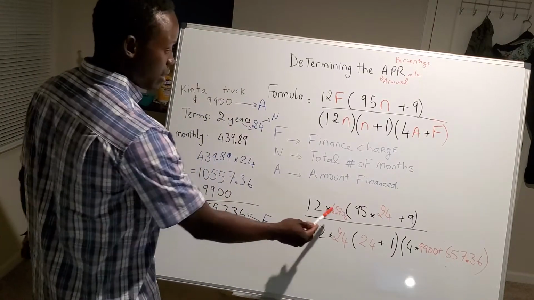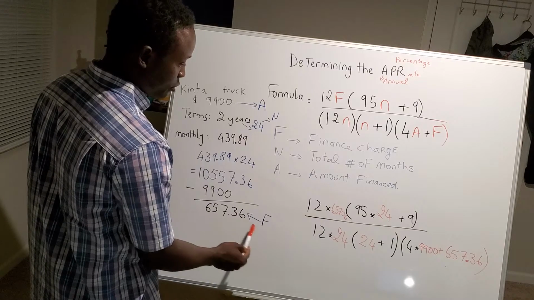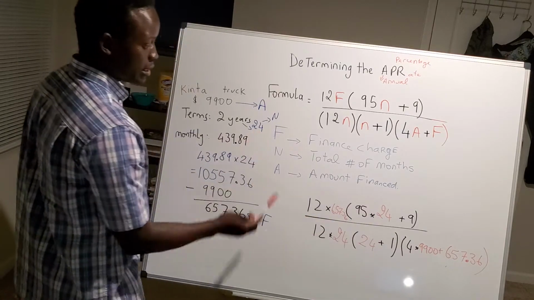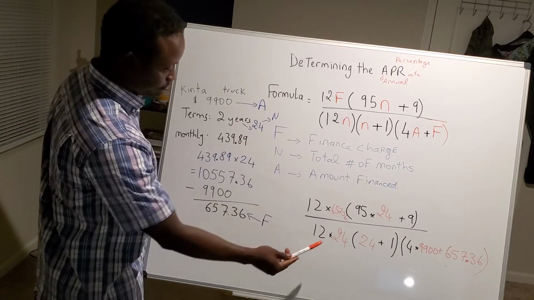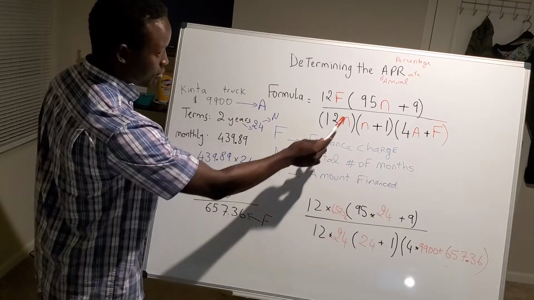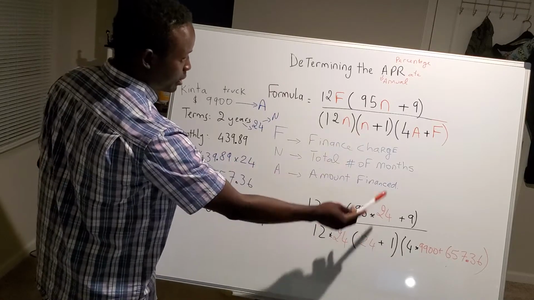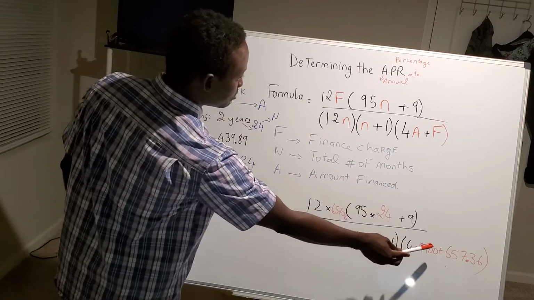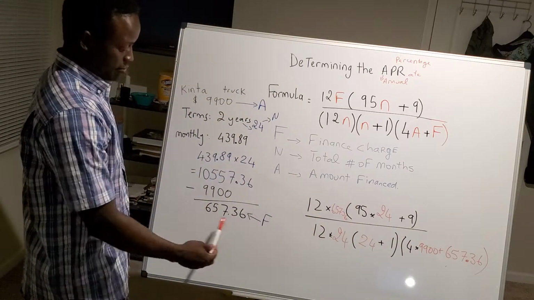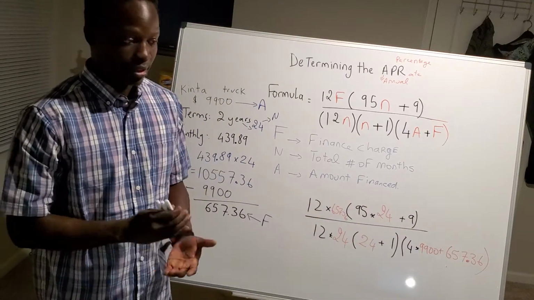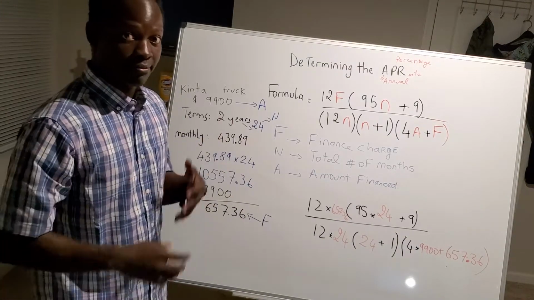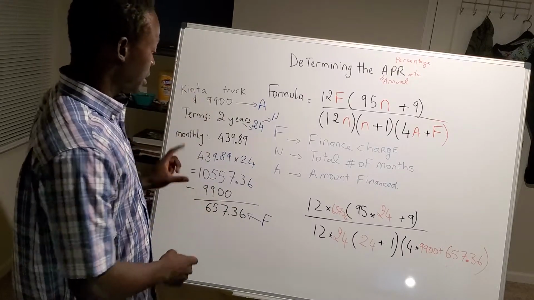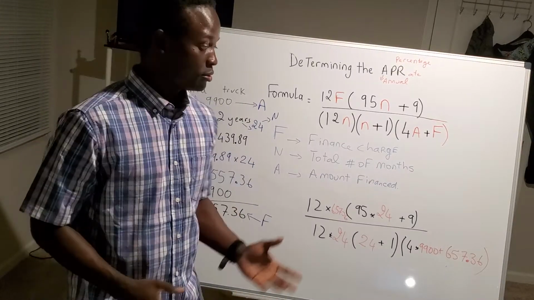The F here is the finance charge, 657.36, and the N here is 24, number of months, and the N here is 24 plus 1, and the A here is amount financed, 9,900, 4 times 9,900 plus F, which is 657.36. Like I said, for problems 7 through 12, this is usually the extra step you will need to take to solve the problems.